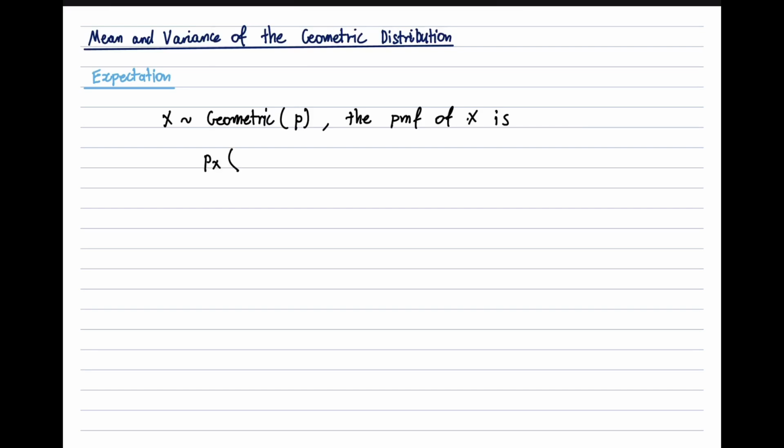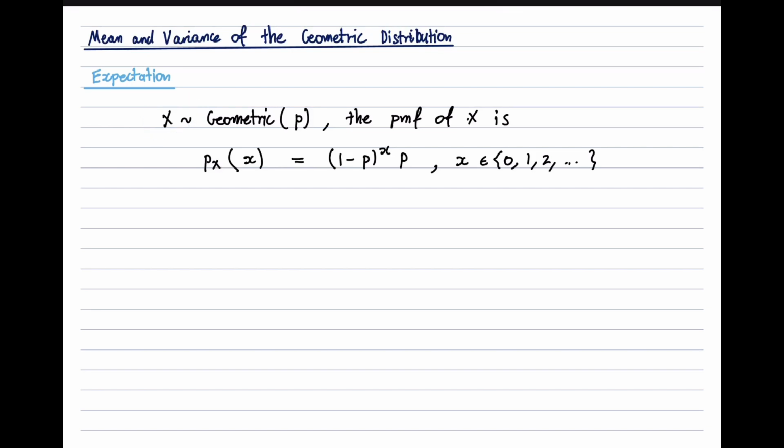There's two versions that we typically do, but I'm going to use this version. (1 minus p) to the power of x times p, where x is an element of 0, 1, 2, and so on. So in other words, the random variable x denotes the number of failures before the first success, not the total number of trials.